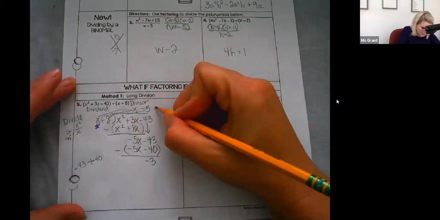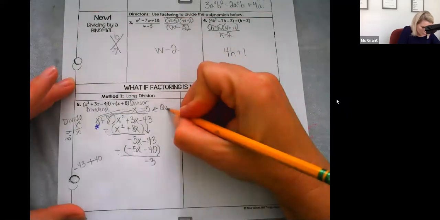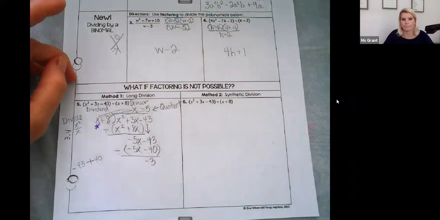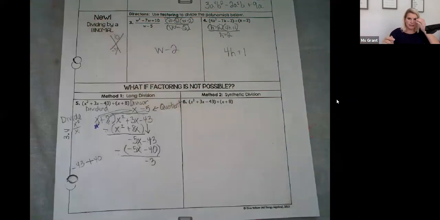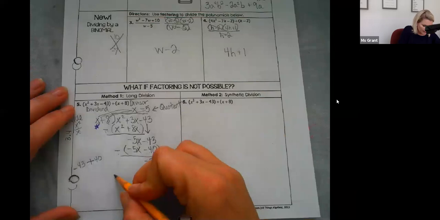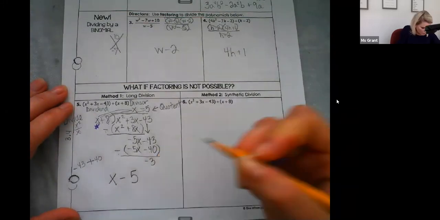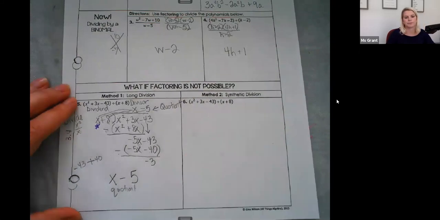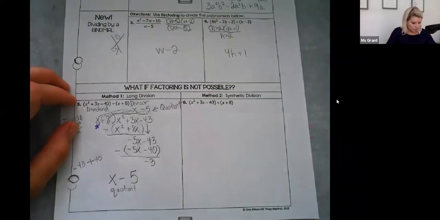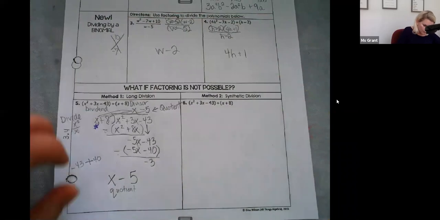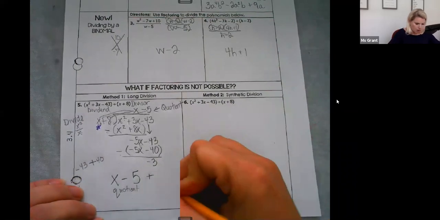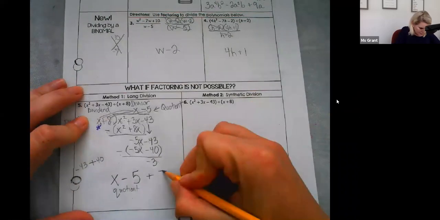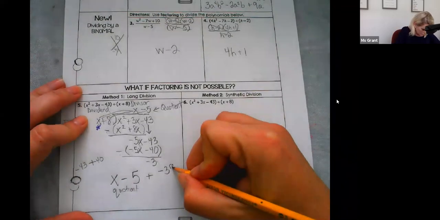This right here on top is called my quotient. That's what I divided by. My quotient is how many times it went in. X minus 5, that's my quotient, right? And I have a remainder. Plus my remainder over what I was divided by. Negative 3, that's my remainder.